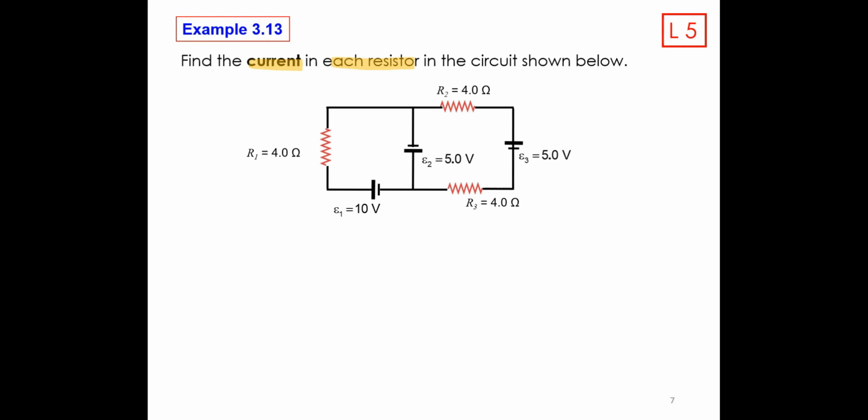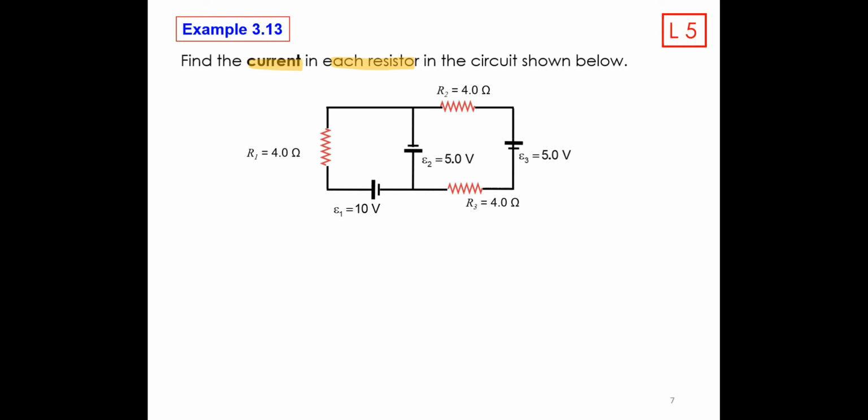We can see that you have two loops right here, and you have three EMFs or batteries and also three resistors. Simple. If you refer to this diagram, it looks like the resistors are in parallel, right? But it is not.